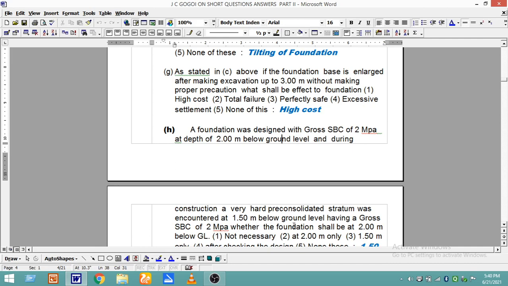Whether the foundation shall be at 2 meter below ground level?